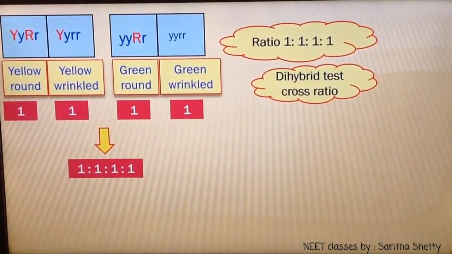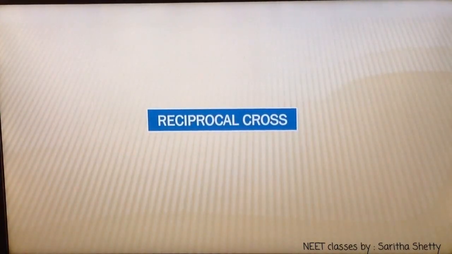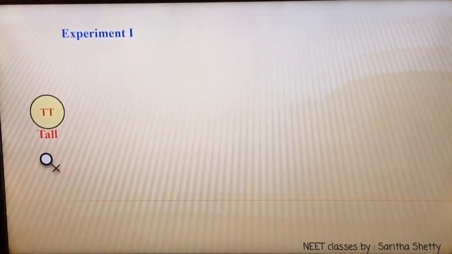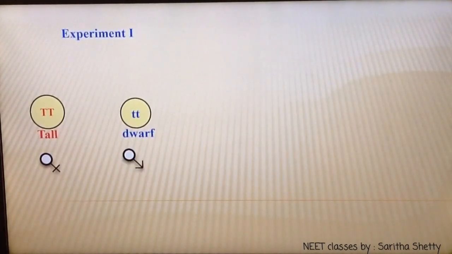Having understood that, let's move on to understand what a reciprocal cross is. Let's consider an example. In experiment 1, I consider a tall plant, that is homozygous tall containing both dominant alleles, as female, crossed with the dwarf, that is homozygous dwarf with both recessive alleles, as male.